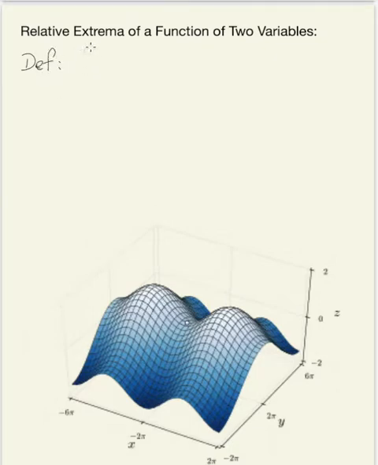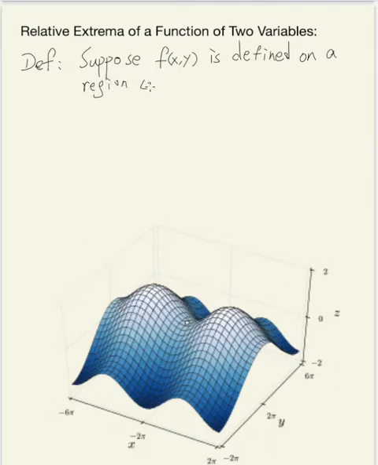Suppose f, a function of two variables x and y, is defined on a region containing some point x naught, y naught.